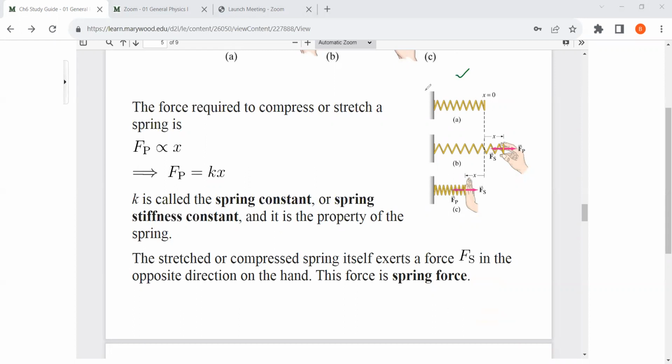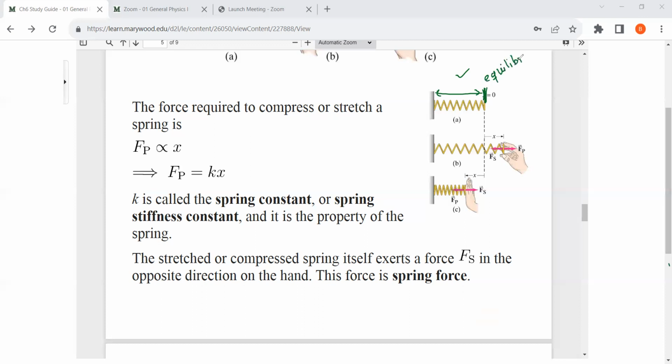It's just a regular spring, no compression, no stretching. If we have a spring like this, this is its natural length. And this position of the spring we call the equilibrium position.